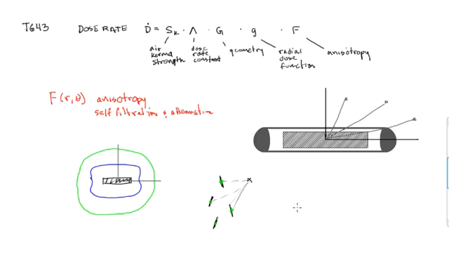So how do you solve that? Well, the way is that you average over all angles. And so then this anisotropy factor, F, is replaced in this case by an anisotropy number, we call it phi, and it's just averaged over all angles, but it's some function of the radius.